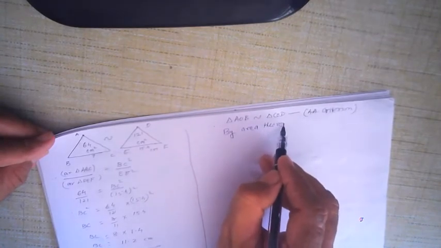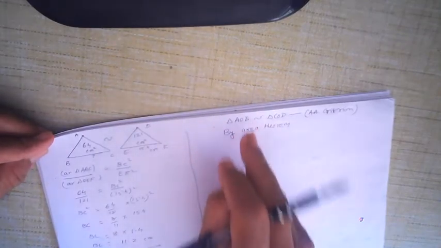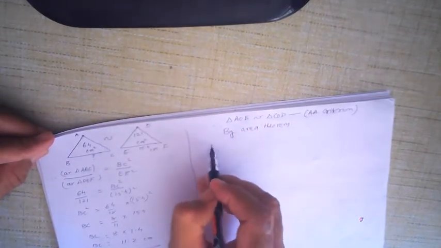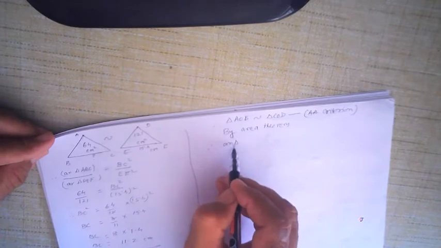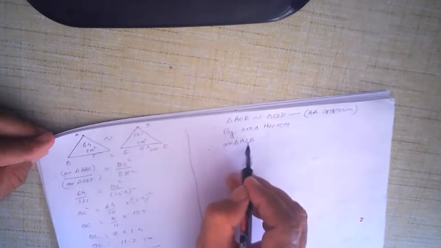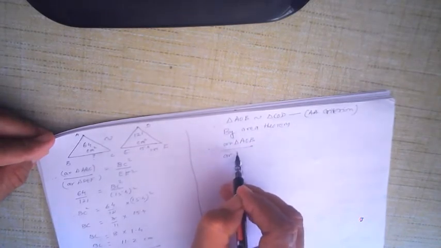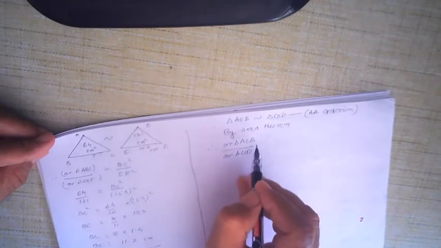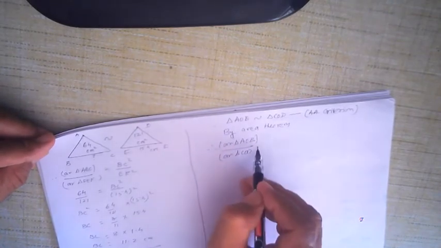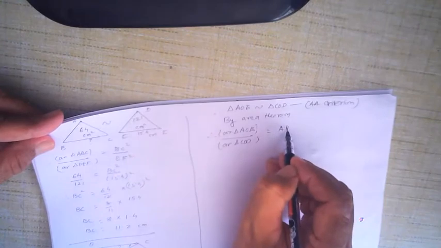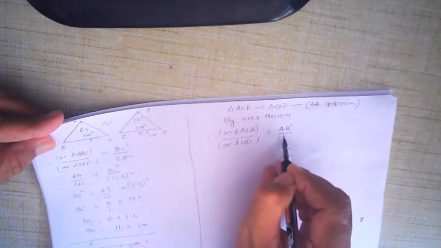So the area of triangle AOB upon the area of triangle COD is equal to AB square upon CD square.